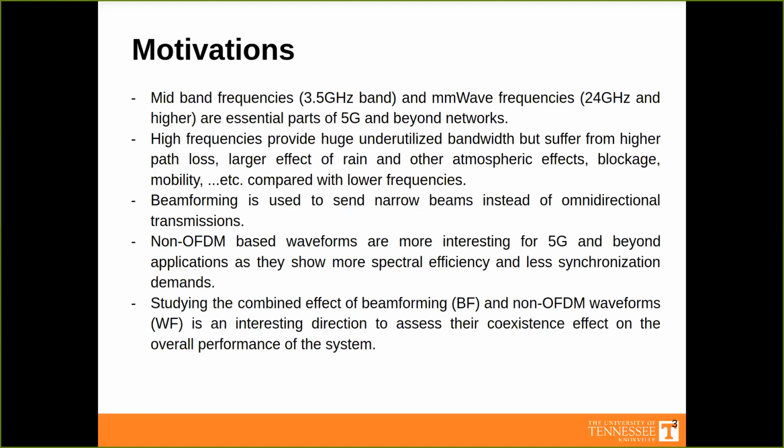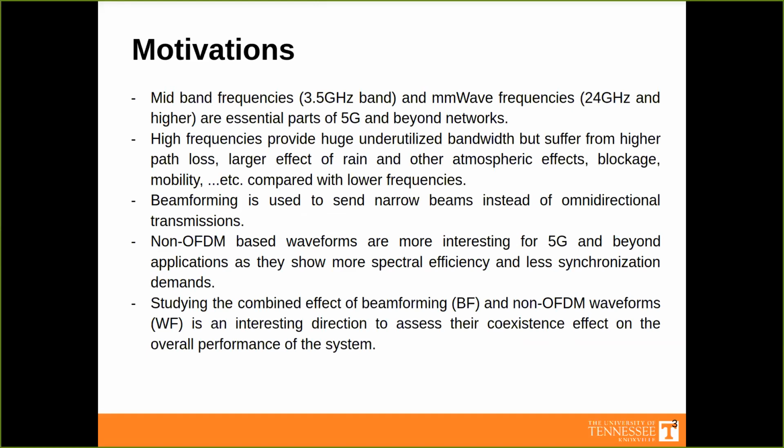First of all, the mid-band frequencies, or the C-band, or the 3.5 gigahertz frequencies that we mean in our work, and the millimeter wave frequencies in the 24 gigahertz and beyond or above are now essential parts of the 5G and beyond networks.